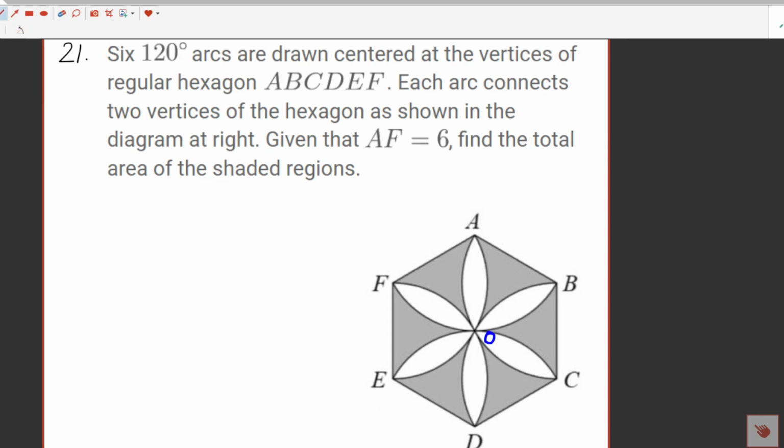Then first of all, there are some equilateral triangles, right? We could connect each vertex to the center O. Then because it's a regular hexagon, we know triangles AOF, AOB, COD, DOE, and EOF are all equilateral triangles, right?